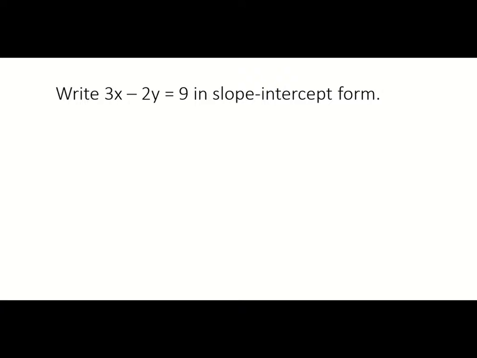So our first problem, we want to write 3x minus 2y equals 9 in slope-intercept form. So remember, slope-intercept form is the equation that looks like y equals mx plus b. So what we want to do is rearrange 3x minus 2y equals 9, so y is by itself and mx plus b is on the right.